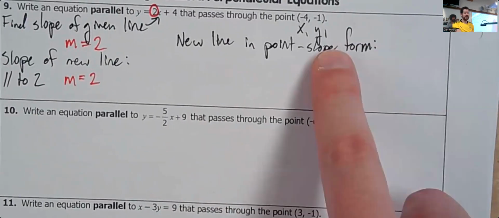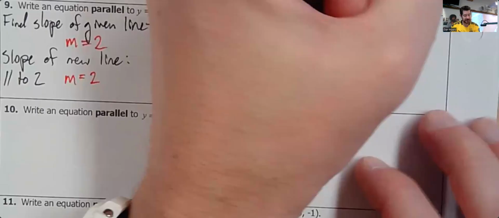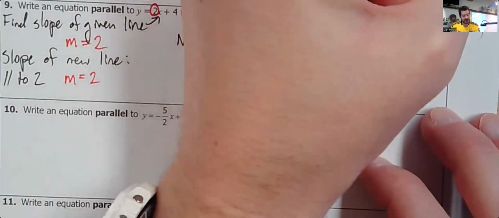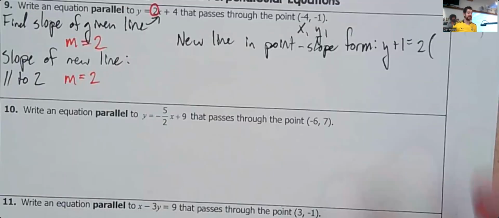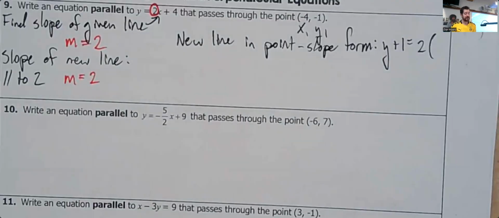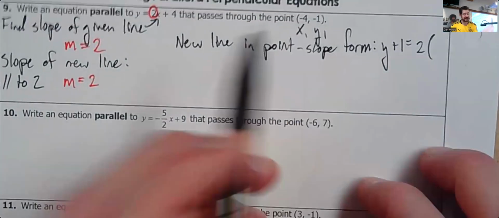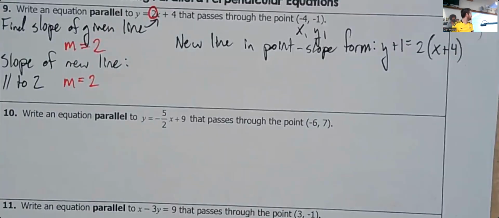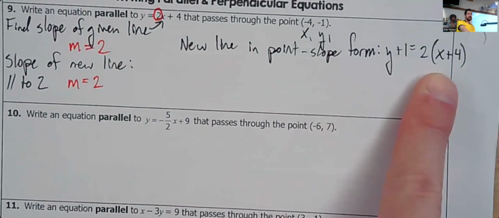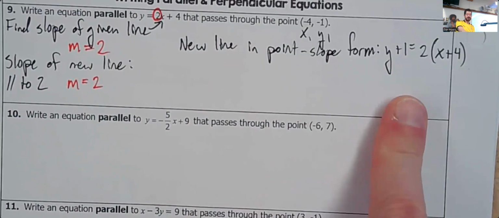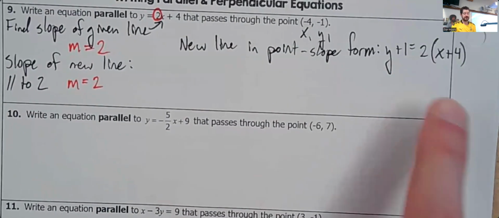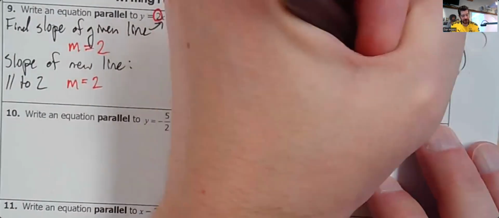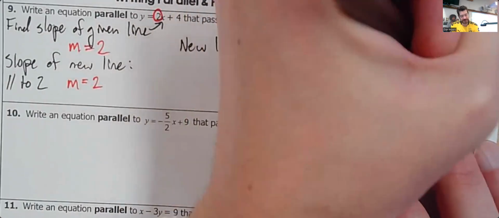So we're going to have y minus -1, which would be y plus 1, equals the slope of 2 times x minus x1, which would be x minus -4, so x plus 4. We're going to take this equation, distribute the 2, subtract the 1, and write our new slope-intercept equation. Distribute your 2, that'll be y plus 1 equals 2x plus 8.